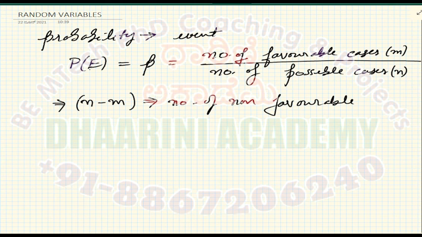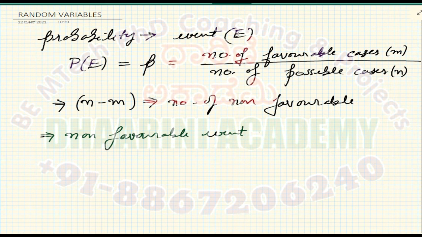If E is the event, then we always denote the non-favorable event as E bar.